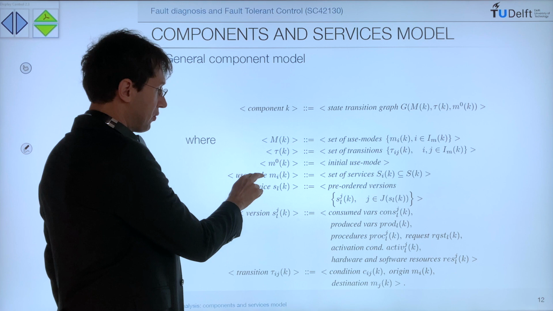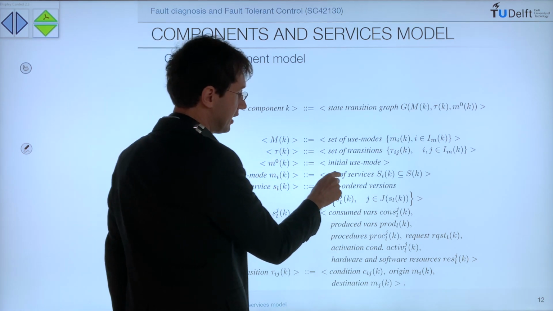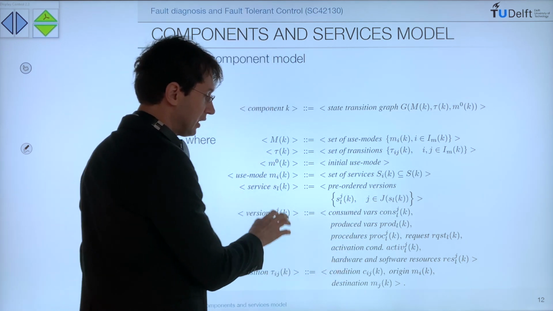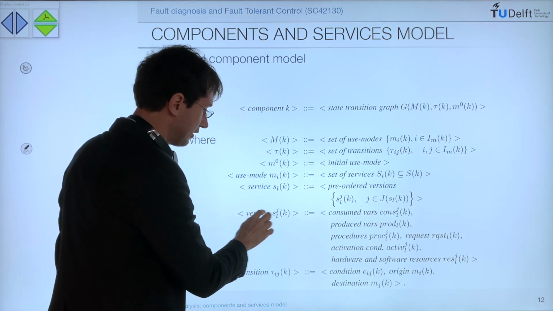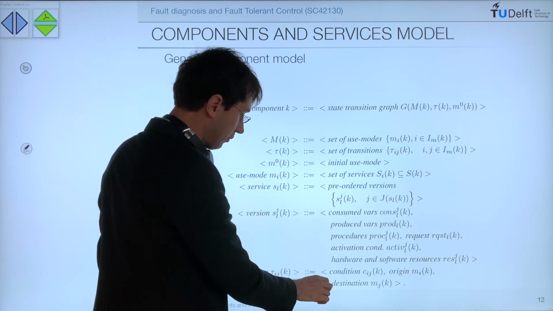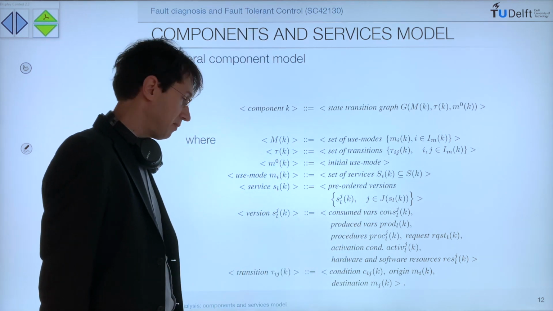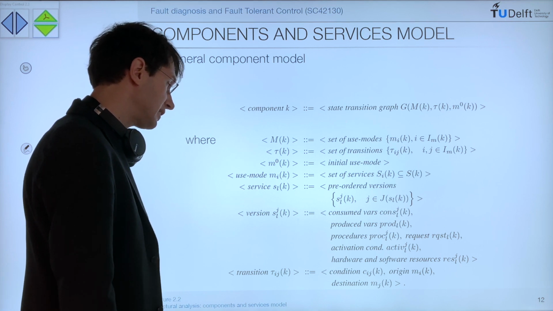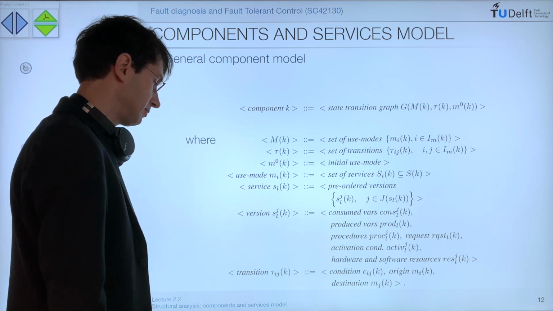And each use mode, so each state of the finite state machine itself, is a set of services, and each one of these services has a set of versions. And finally, every version is a 6-tuple where we have consumed and produced variables, procedures, processes, requests and enable conditions, and resources.